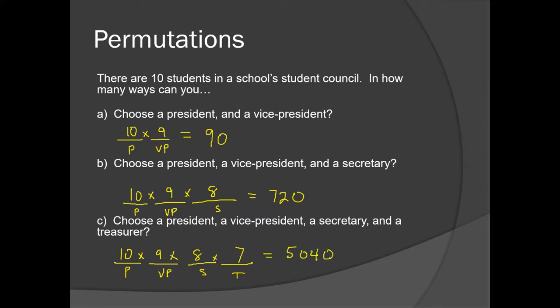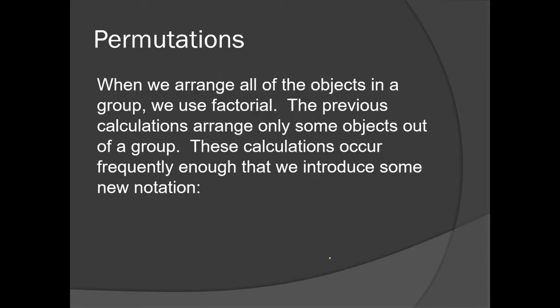These kinds of calculations occur often enough that they have their own special name as well, called permutations. When you're arranging all the objects in a group, we use factorial. But in these calculations, we're only arranging some of the objects from a group. And so the new notation we have for these, what we call permutations, is the following.